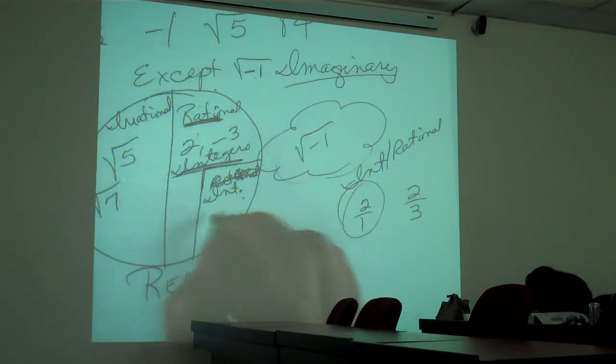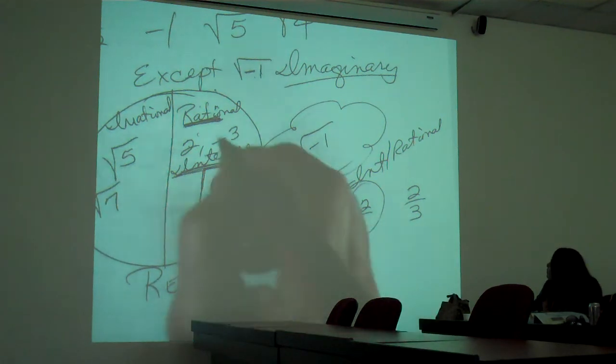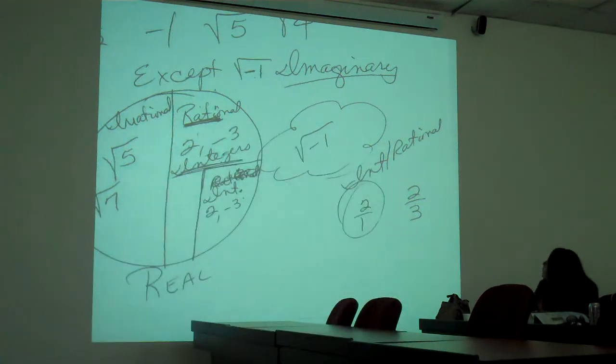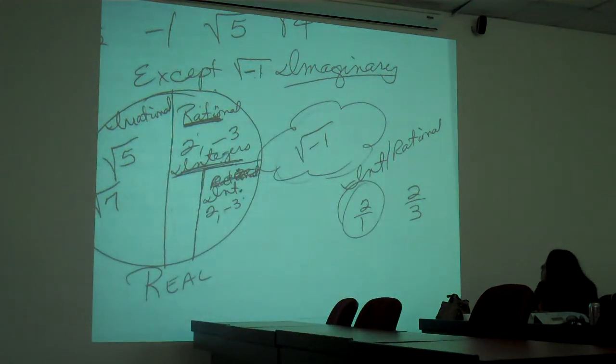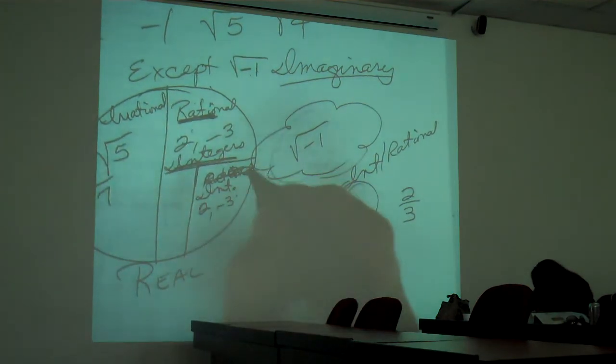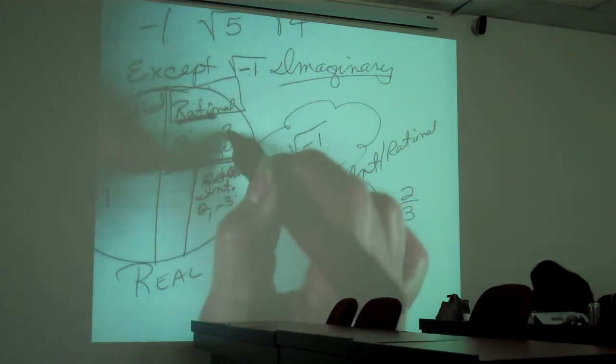We need to put our integers down here that are whole numbers. We need some out here that are fractions, but they're not integers. Okay, so everything, rational, we got our integers.